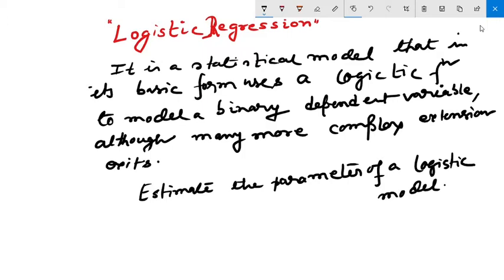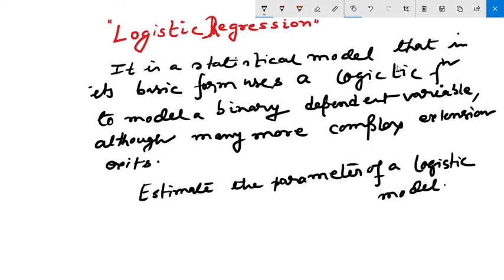So mathematically, a binary logistic model has a dependent variable with two possible values, such as pass or fail, which is represented by an indicator variable, where two values are labeled 0 and labeled 1. Okay. So this is what logistic regression is.